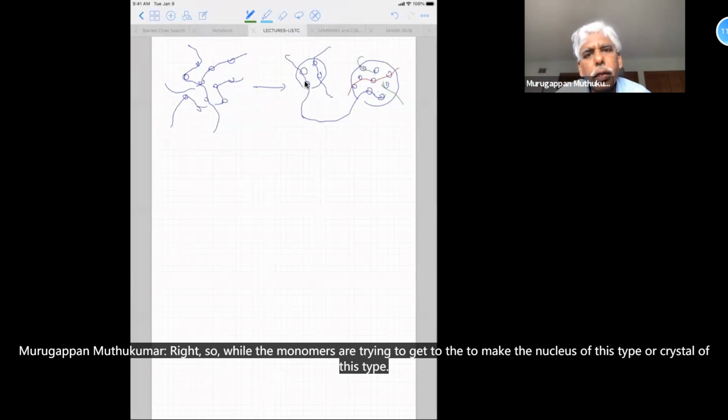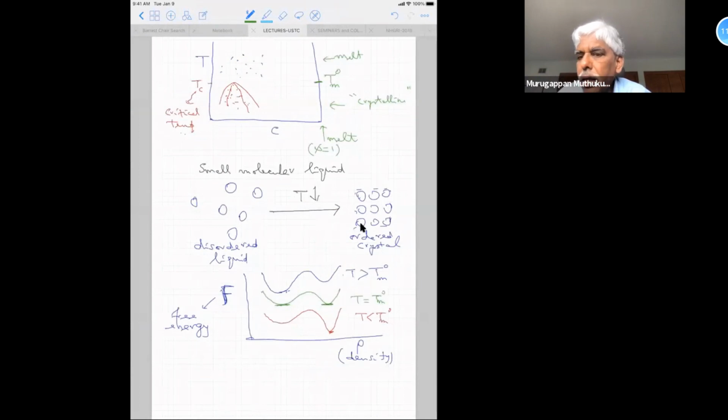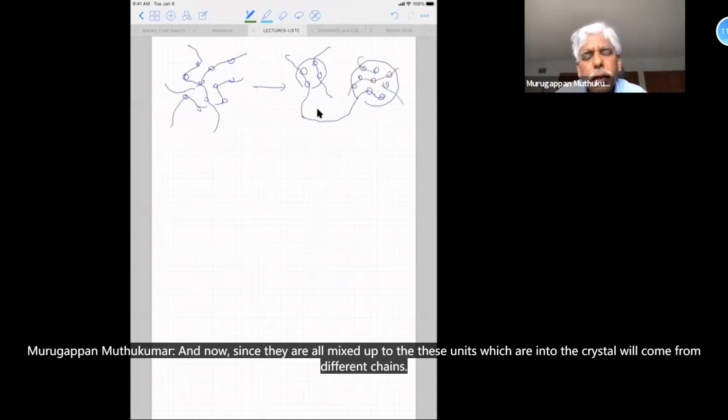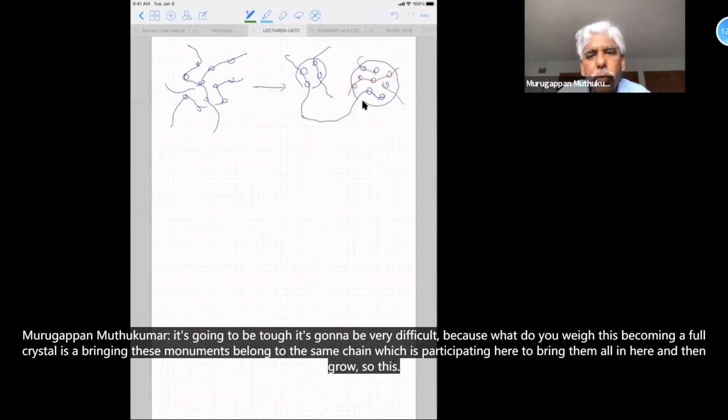So while the monomers are trying to get together to make a nucleus of this type, or a crystal of this type, since they are all mixed up together, these units which are in the crystal will come from different chains. So if I want to make a full crystal, it's going to be very difficult, because the only way this can become a full crystal is by bringing the monomers belonging to the same chain, which is participating here, to bring them all in here and then grow.